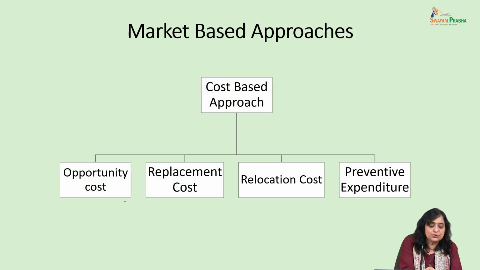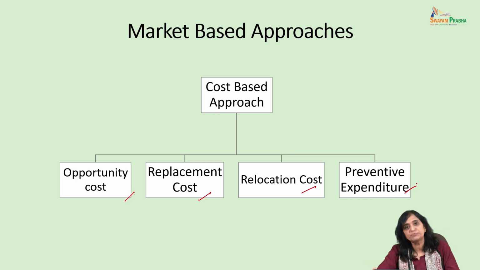One is opportunity cost, then replacement cost, then relocation cost, and the last is preventive expenditure. As I mentioned, we will be explaining the market cost-based approaches to valuing the environment, and we will look at all these four approaches: opportunity cost, replacement cost, relocation cost, and preventive expenditures.